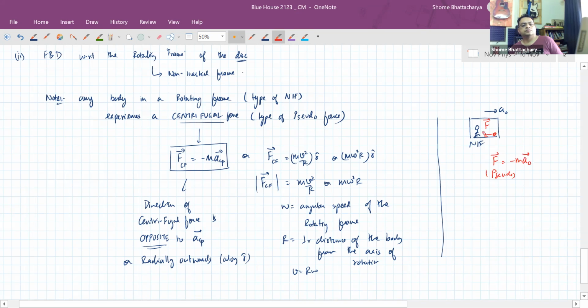Like that, if we are in a rotating frame, which is rotating at an angular speed omega, then any particle in such a frame experiences centrifugal force radially outwards.